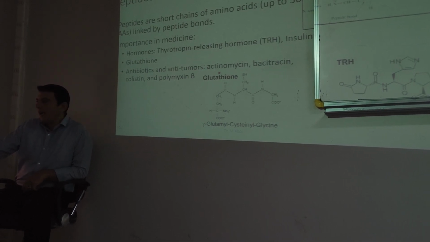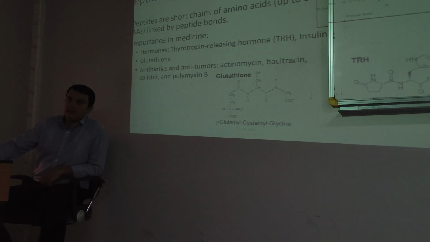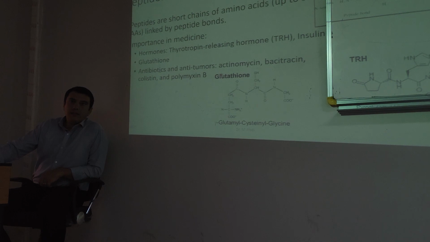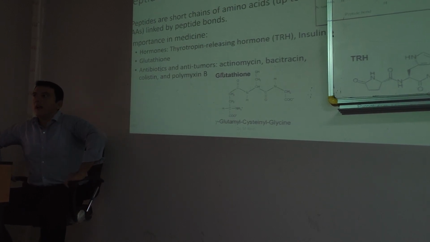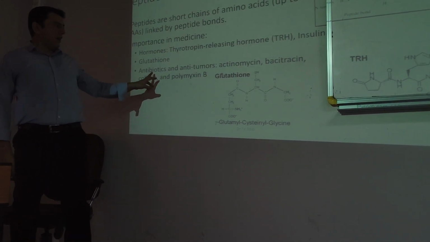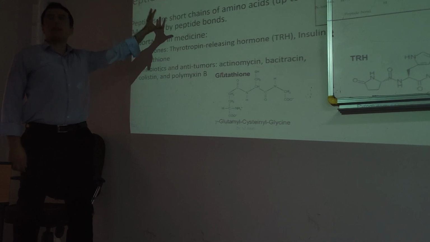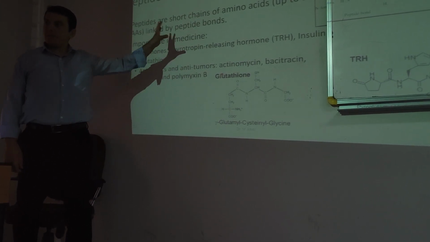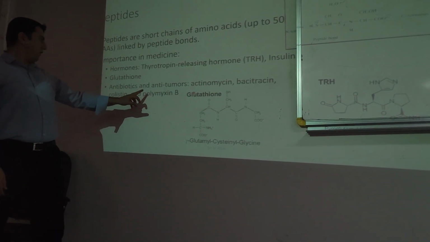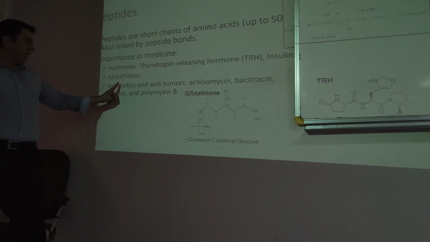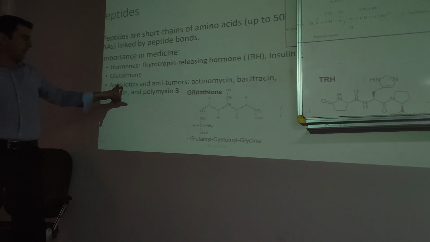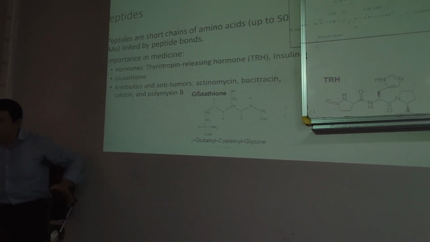Some examples: actinomycin, bacitracin, colistin, polymyxin B. These are examples of antibiotics or anti-tumors which have a peptide-like structure. So there are 4 examples of peptide antibiotics and anti-tumors.